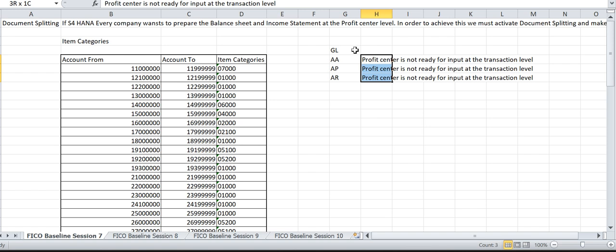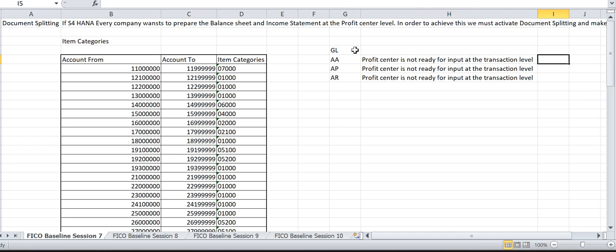So what happens in asset accounting? Where does the profit center come from at the transaction level in asset accounting? In asset accounting, it comes from the asset master account assignment.